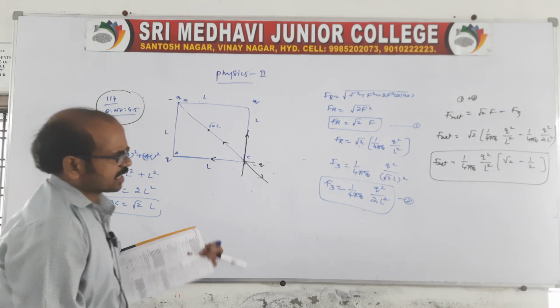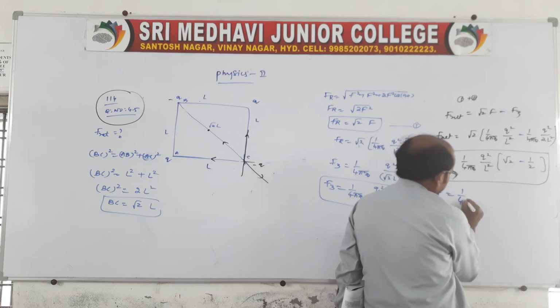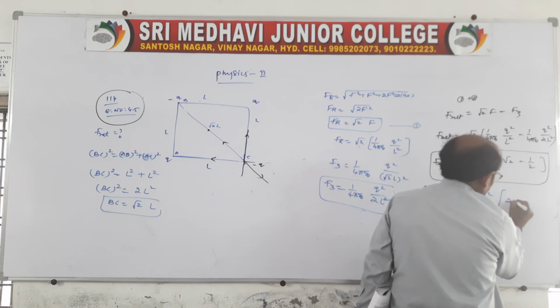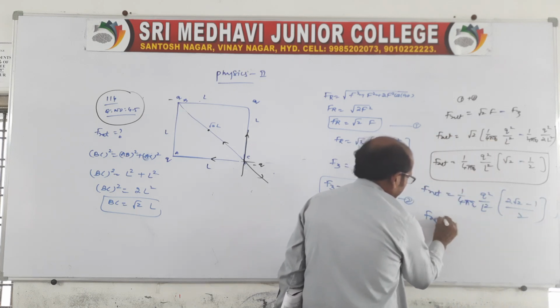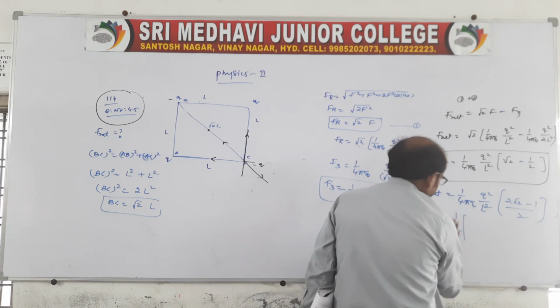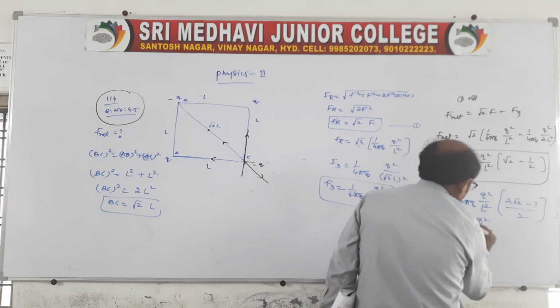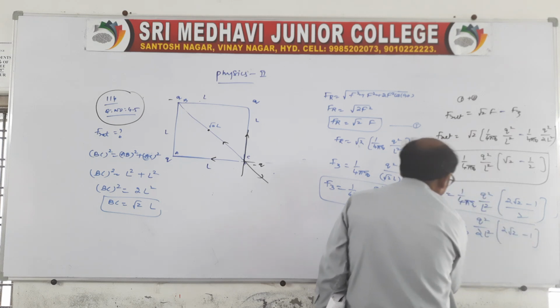Okay, this is the answer, and if you want to simplify, we can also simplify like this: 1 by 4 pi epsilon naught q square by L square, here it is root 2 minus 1 by 2. Therefore, F net is equal to 1 by 4 pi epsilon naught q square by 2L square into root 2 minus 1.